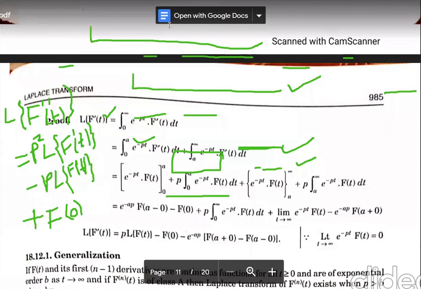See here, it will be p square L of f of t, then it will be L f dash 0. Just a minute.